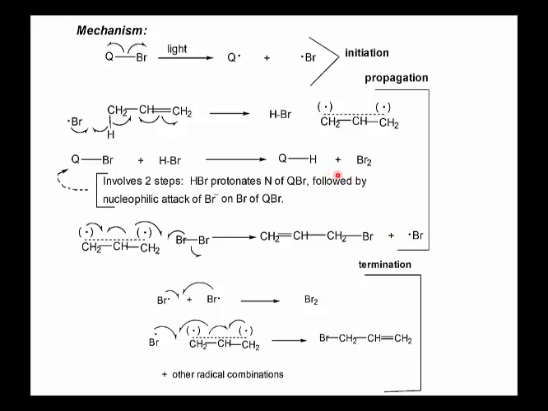Well, of course, the radicals in the mixture are, as before, going to be in very small numbers, low concentrations, but occasionally radicals find each other. When they do, they're going to immediately bond, couple. And I'm not showing all the possible coupling reactions. Two bromine atoms can come back together to give Br2. A bromine atom could couple with an allyl radical, and so forth, and there are other radical combinations.